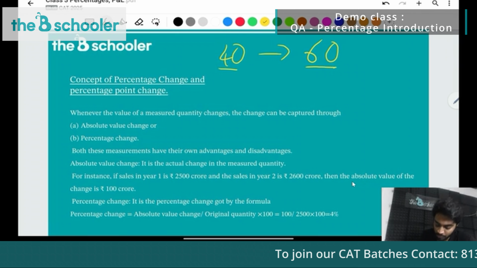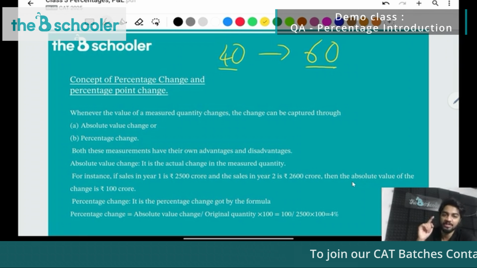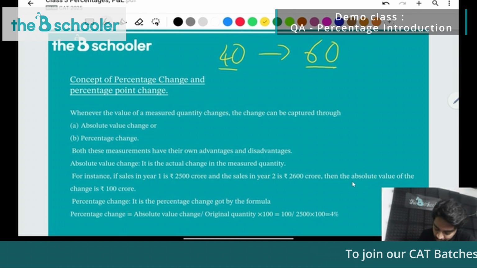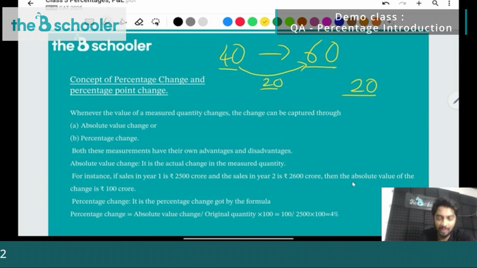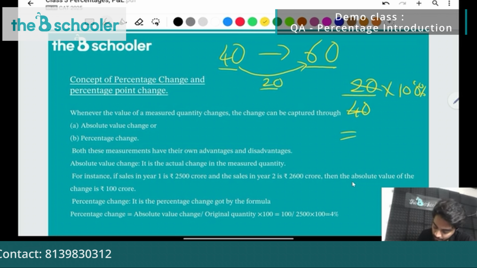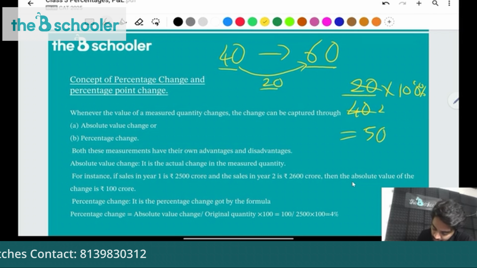So when you want to find the percentage change, the change here is 20 rupees, correct? Percentage change is going to be the change, which is 20, divided by the original value, which is 40, into 100 percentage, which is going to be 50 percentage.